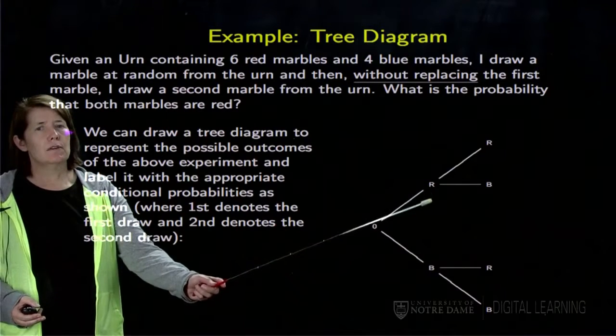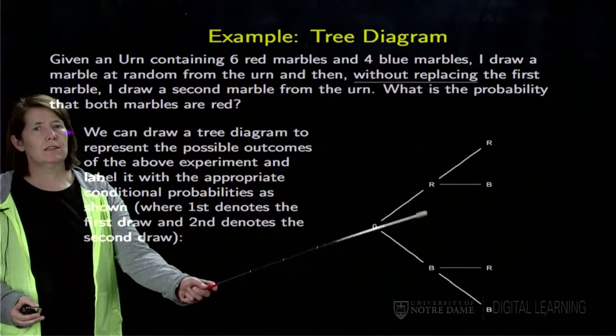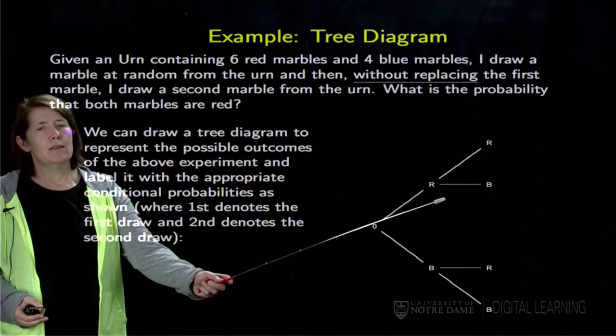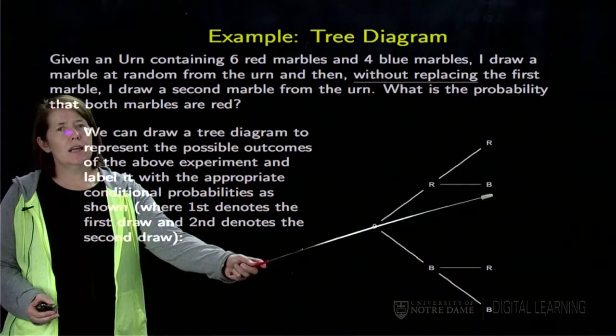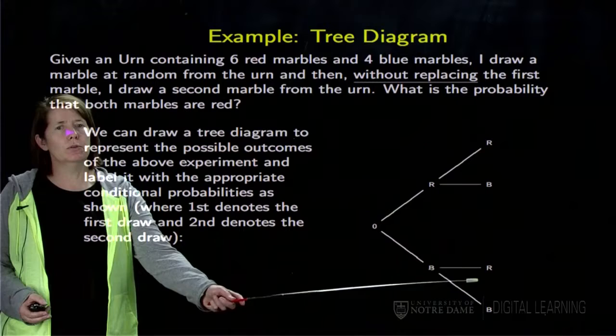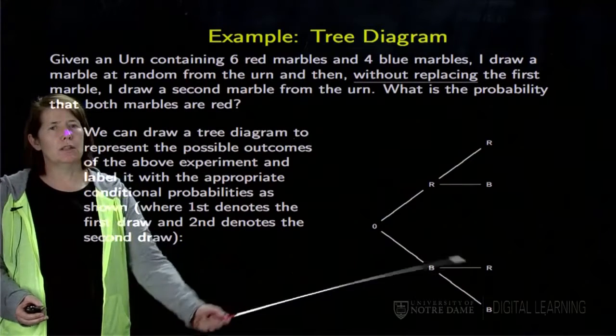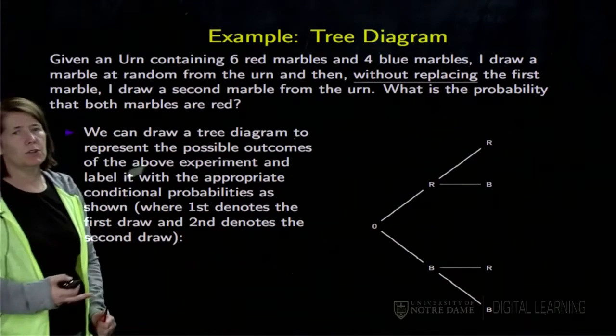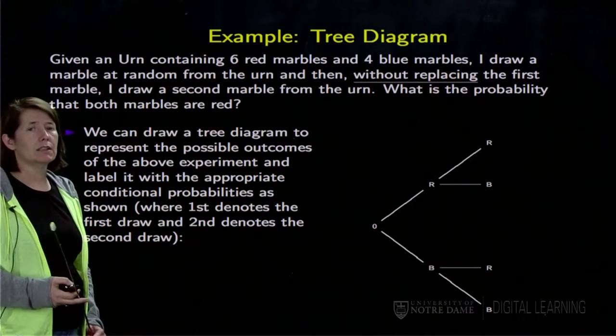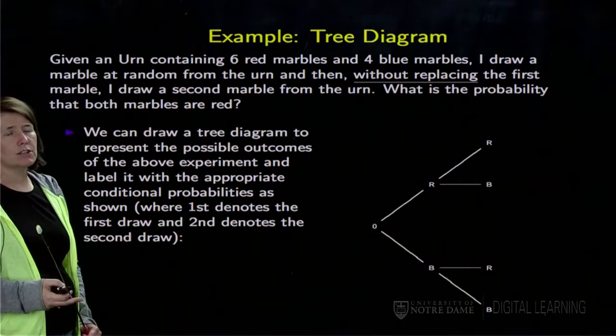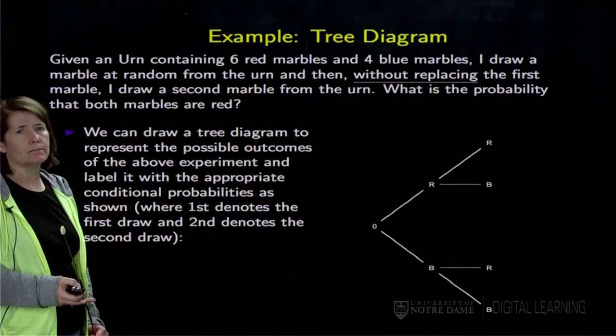So when we draw the first marble, we can get either a red or a blue, and then on the next row, we can either get a red or a blue, or a red or a blue here. Now we'd like to put some probabilities on each branch of the tree diagram.